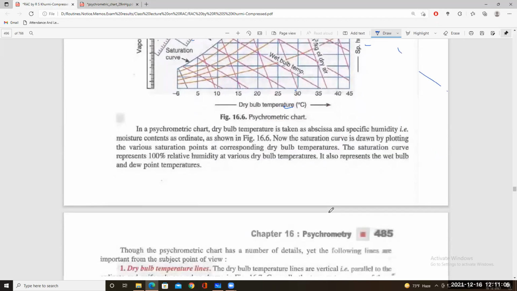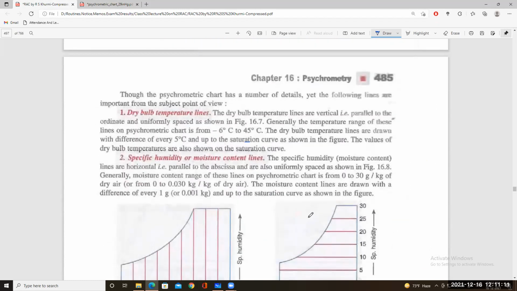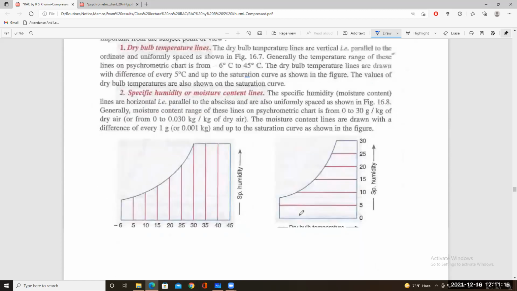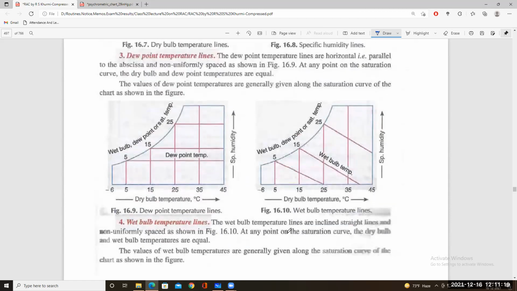Next, wet bulb temperature lines. The wet bulb temperature lines are inclined straight lines and non-uniformly spaced, as in this figure. These are the wet bulb temperature lines here. At the saturation curve, the dry bulb temperature and wet bulb temperature are equal.